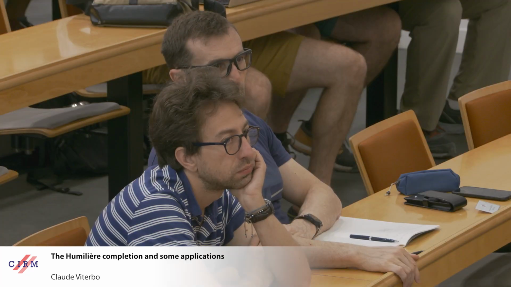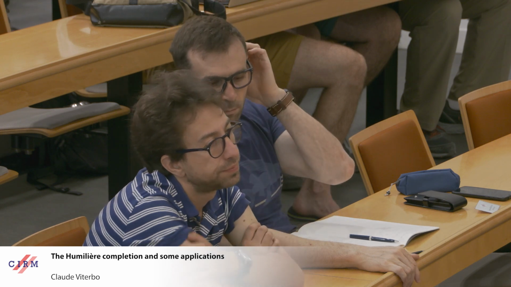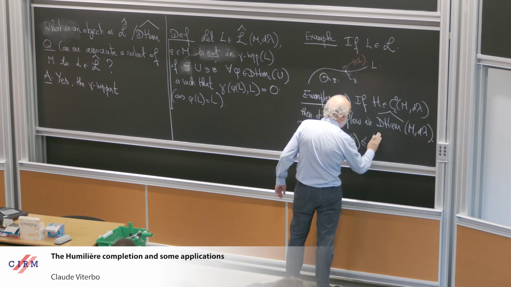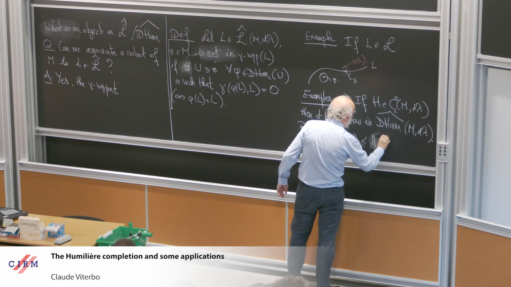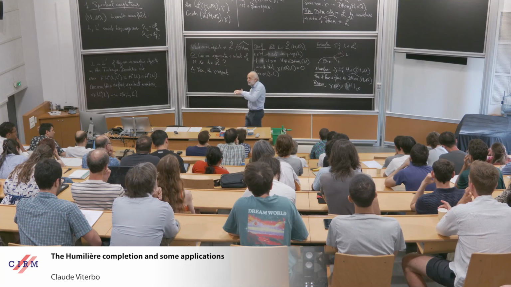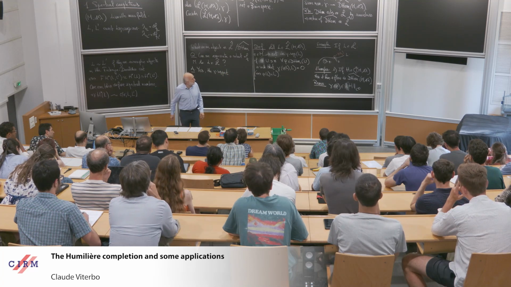The reason is that gamma of phi is less than the C0 norm of H. So at least if H is compact supported, you have finite quantities.